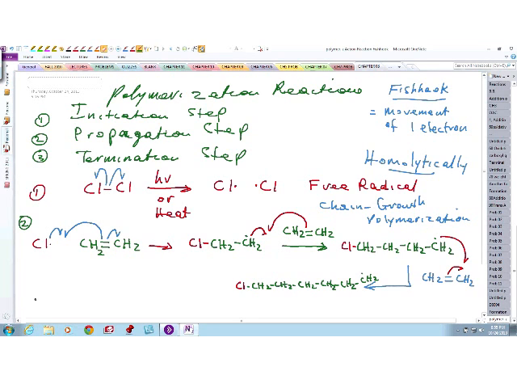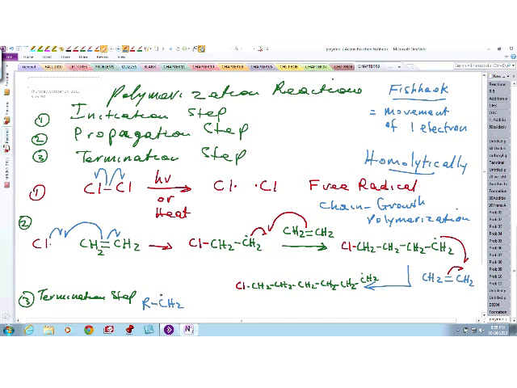So what you end up getting, therefore, step 3, your termination step. Okay, so if you imagine now, let me use a generic molecule here.